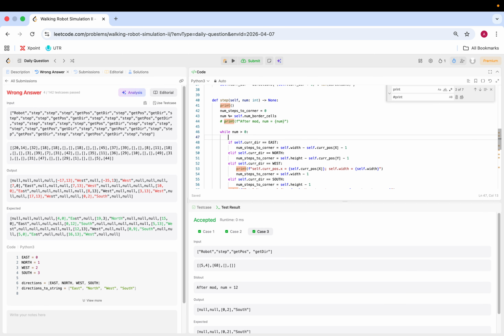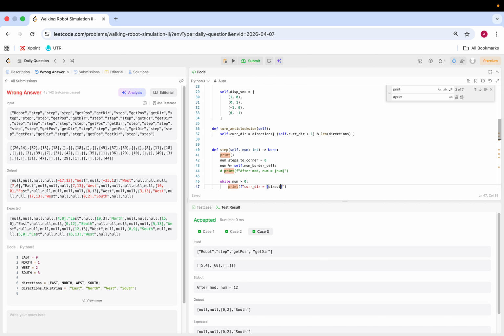Okay, I'll get rid of this. I'll say print current direction is equal to, maybe I'll say directions to string at self dot current direction.